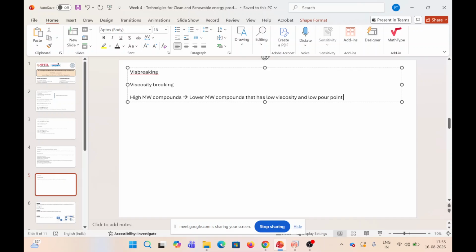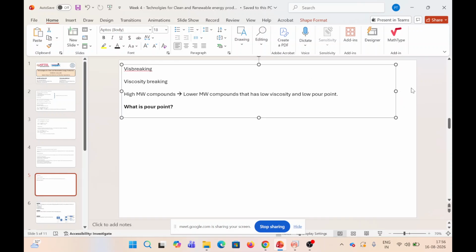What is pour point? Just in case you did not happen to attend the last live interaction session or you were unable to get the definition, then kindly look into this.